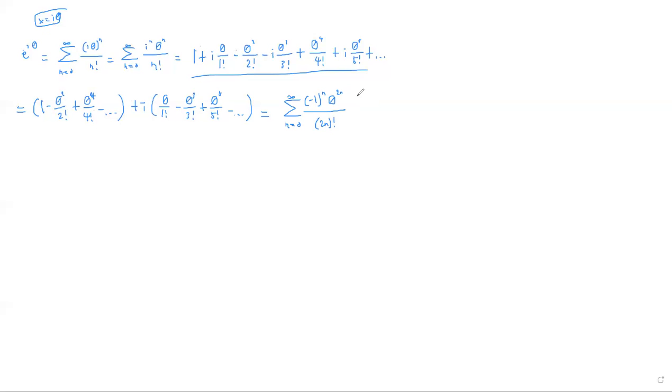Now, plus i, because now we're considering the imaginary component, n equals 0 to infinity. Like the even component, the odd components also alternate between positive and negative. So the first thing I'm going to do is -1 to the power of n.